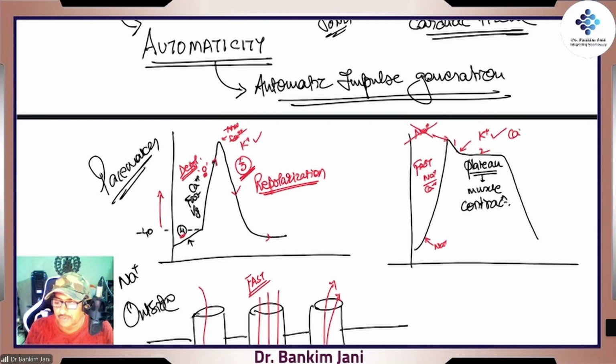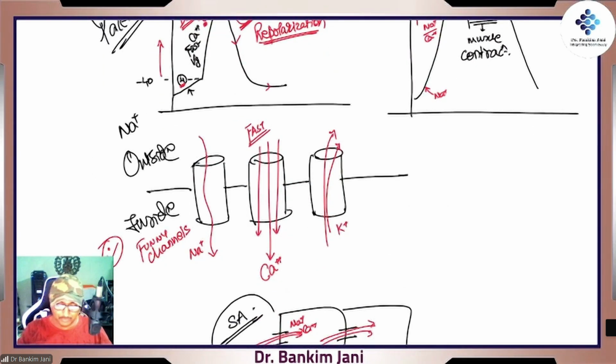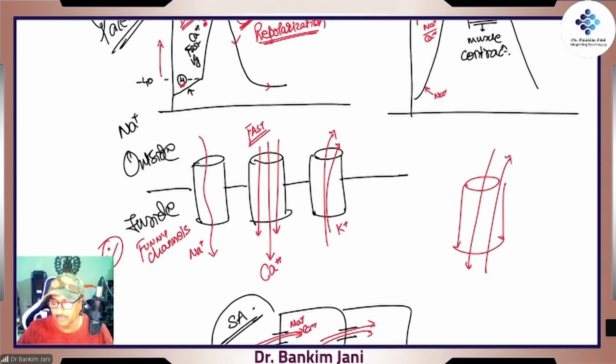Calcium is already open. So whatever the amount of calcium coming in, at the plateau the same amount of potassium is going out. So they are balancing each other. This is what is happening at the plateau. At the plateau, we'll see that both of them have been balanced.